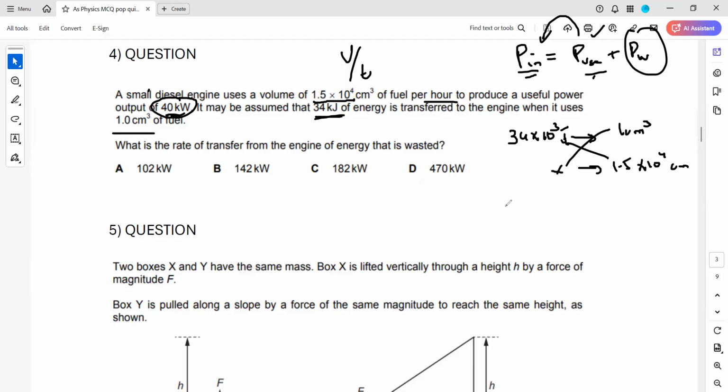So when we multiply, we'll know how much total energy input there will be. So 3.4 exponent 4 multiplied by 1.5 exponent 4 will give us 510,000 joules. So 510,000 joules is the total energy given to the engine.